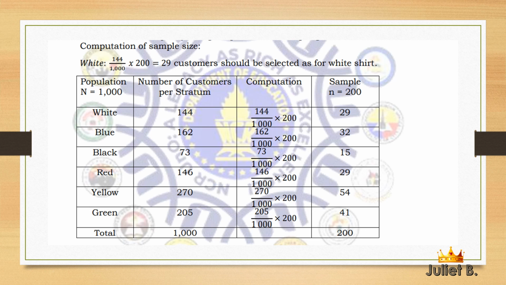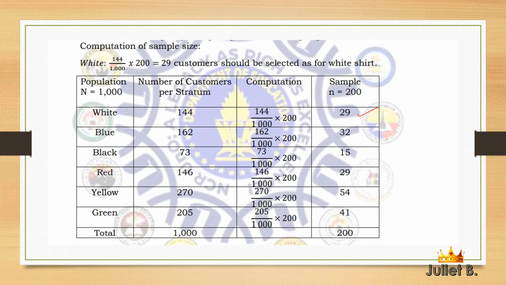So, ito na. Computation of sample size. So, si white, ito na. Merong 144 na customers ang may gusto ng white. Para makuha ko kung ilang white ang kukuhanin ko mula sa mga customers, what I will do is 144 divided by 1,000. Tapos, ang sagot doon, multiply ko sa 200 and this will result into 29.